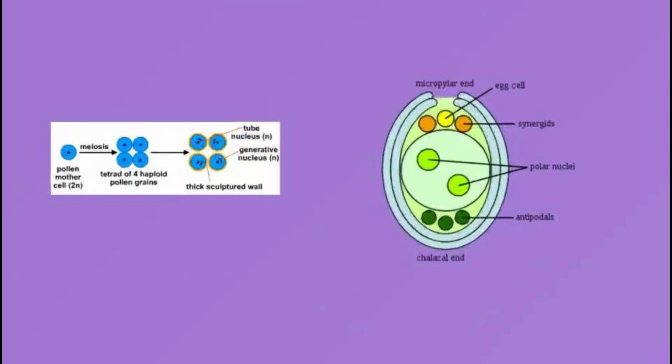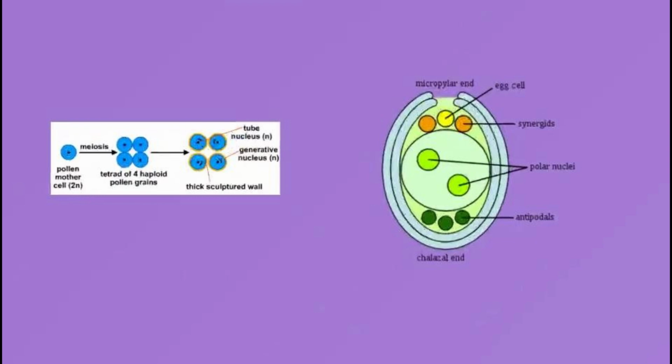Now, this embryo sac contains a number of different structures which are going to help with the fertilization process. So don't become too stressed out as I list them now, because you will learn to remember them as we go through the process of fertilization. So the embryo sac contains 2 polar nuclei. Together, these are referred to as the endosperm.